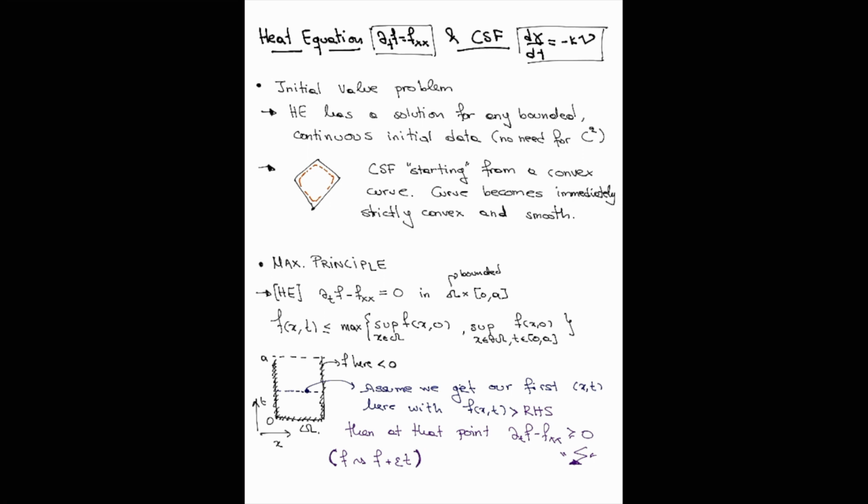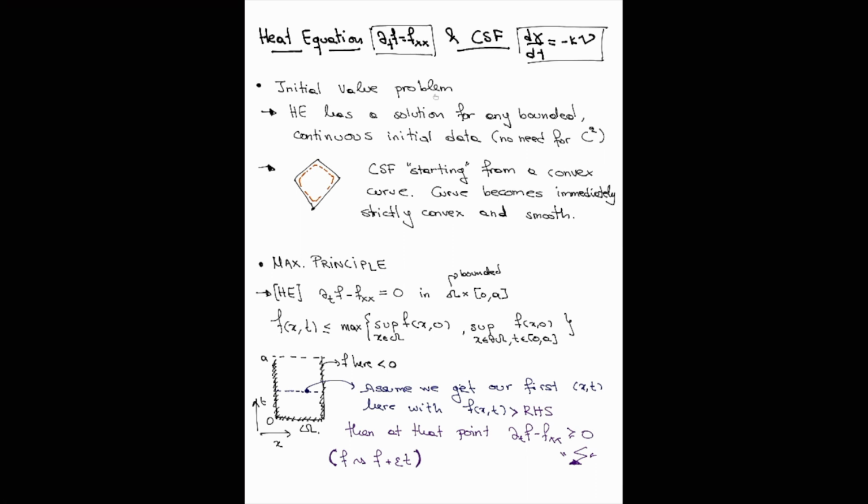So remember, the heat equation is the equation df/dt equals f_xx, or in higher dimensions, the right-hand side will be the Laplacian of f, which is the sum of f_xixi, and curve shortening is the motion of a curve by its curvature. So looking at the heat equation, let's look at the initial value problem. What is the initial value problem? It is the problem of trying to find a solution to the heat equation starting from a particular function.